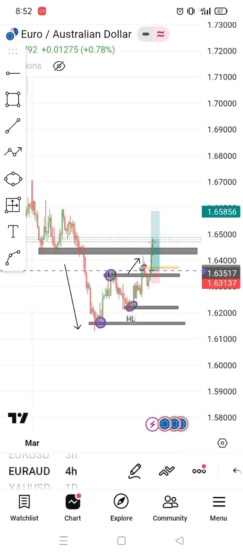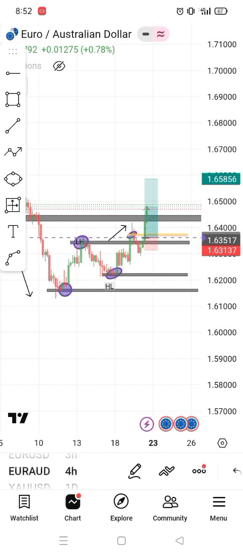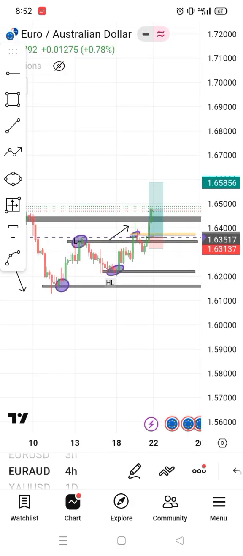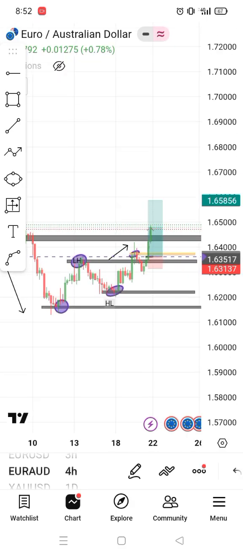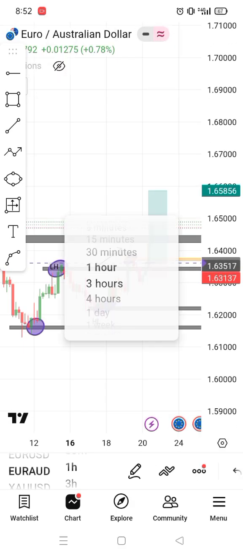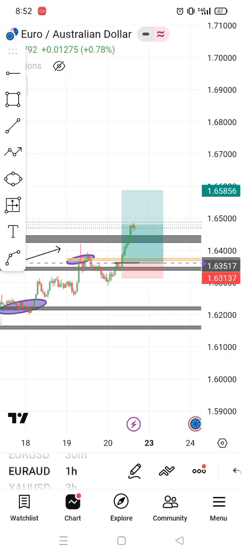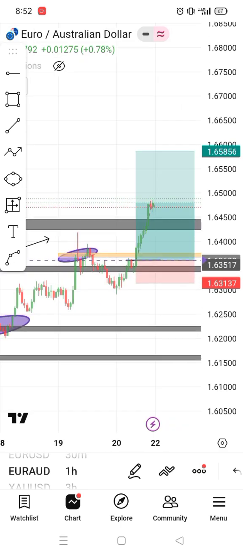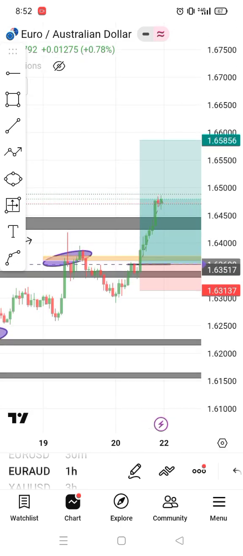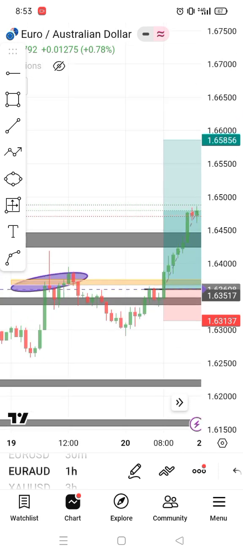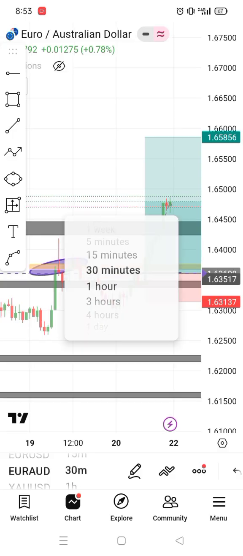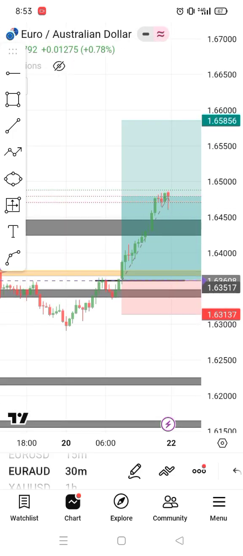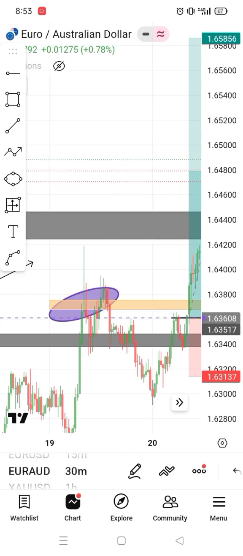So what's up? So this is our update from the Euro Australian trade. So what we've seen yesterday is this. So basically I didn't put my entry on my broker account because I saw the setup late.